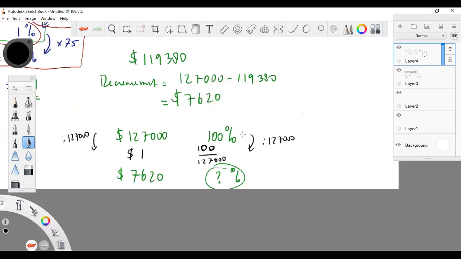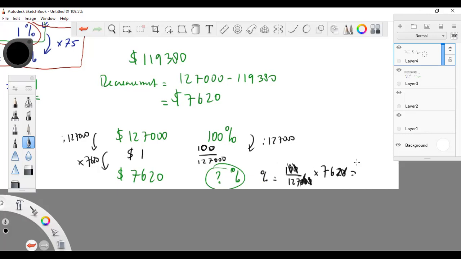So the percentage change is this: from 1 to 7,620, you multiply by 7,620, and you also multiply the same thing by 7,620, and you will get the answer. Okay, before that, I want to cross this, cross this, cross this, right? So 762 divided by 127.